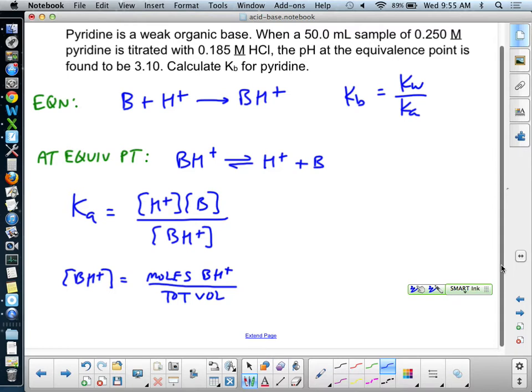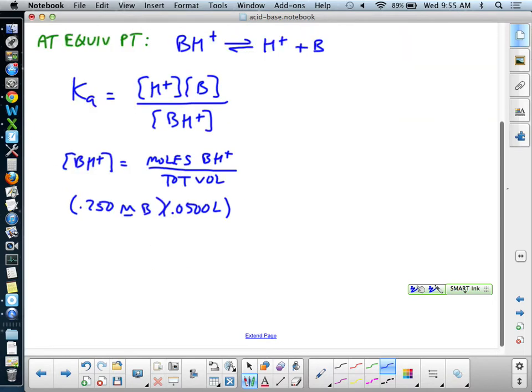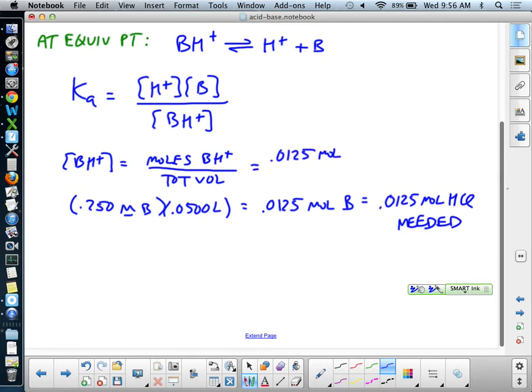We are starting with 0.250 molar base times 0.0500 liters, which is 0.0125 moles of base, which means we also need 0.0125 moles of HCl, and it also means we're going to get 0.0125 moles of BH plus.